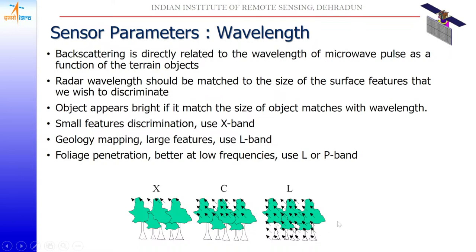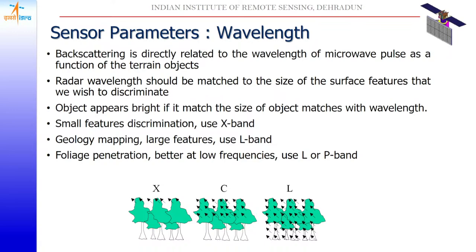So it depends on your application. If you want penetration capabilities, you have to go for the L band. If you want small target discrimination, you have to go to the X band. And in between X and L there is the C band, which is the compromise between the X and L band, so we have feature discrimination and some penetration capabilities.